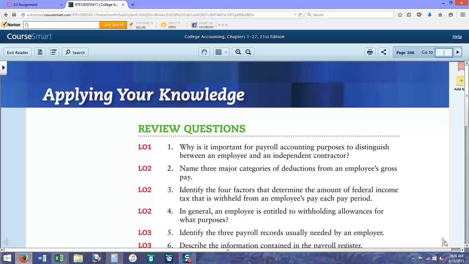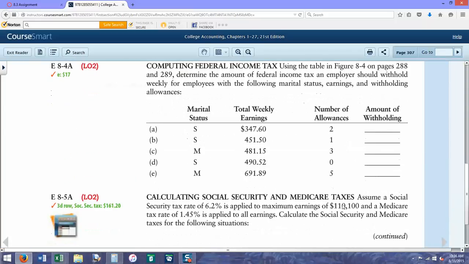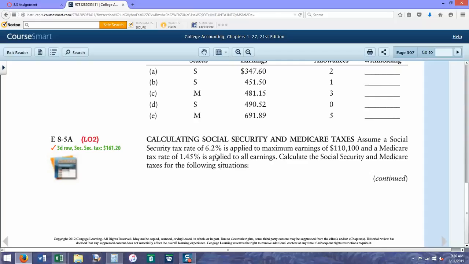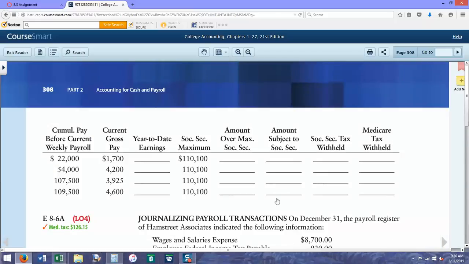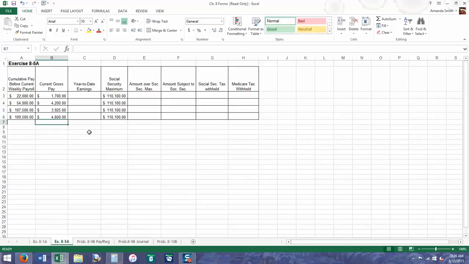But let's go to that page in the book. I'm going to go to here. We're told it's the 6.2 and the 1.45%, so we need to keep that in mind. And here we're given information. So to figure out year-to-date earnings, it's fairly simple. What I'm going to do to save time is have Excel do the math for us.